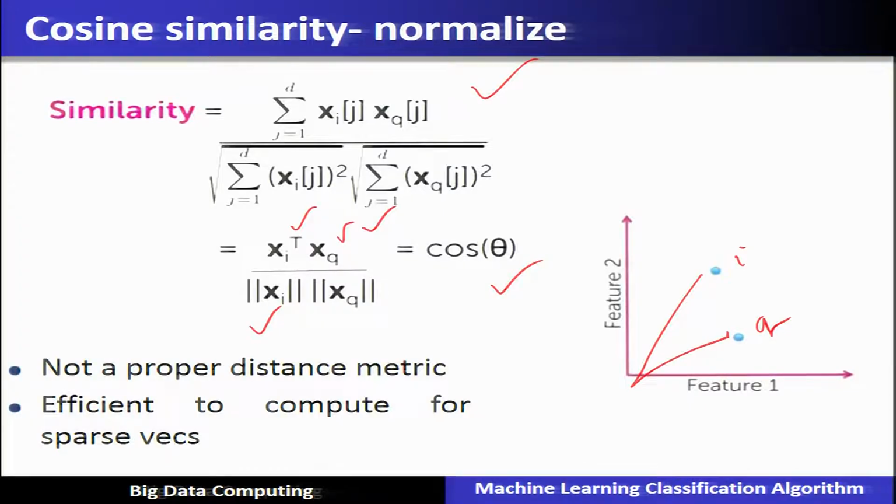Now, this particular cosine similarity is used in document classification. Why? Because these are very sparse, hence this kind of similarity measure, called cosine similarity, is very useful in such scenarios.